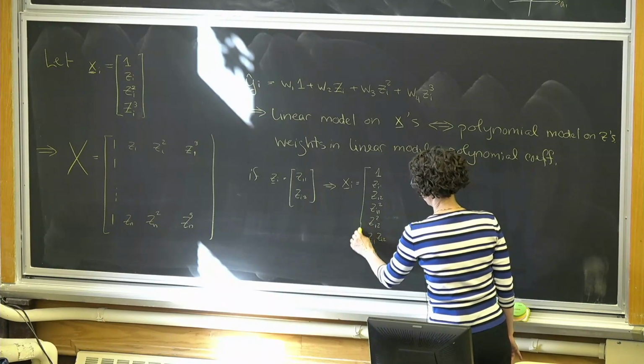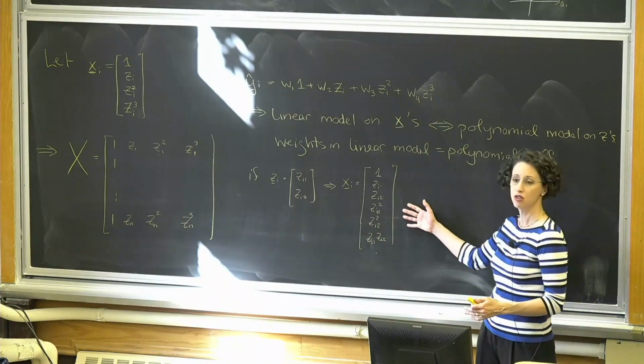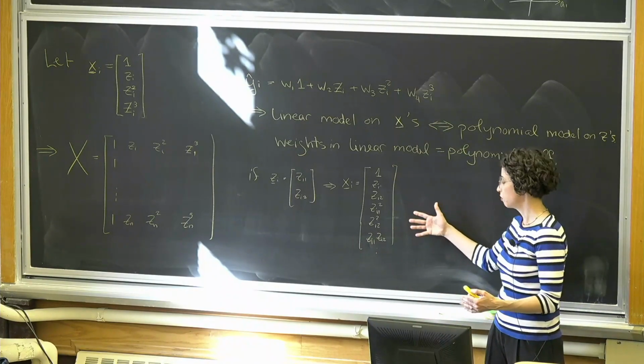So I can still form polynomials of multiple variables to get these higher dimensional features explicitly.